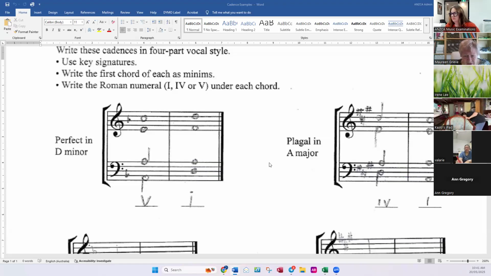And especially when it comes through as a photocopy, it is very hard sometimes to tell exactly what was meant. But yes, that F sharp is very poorly drawn. In this case, I probably wouldn't take anything off for that. But yes, they should be much more careful. But it is their first experience of writing cadences, so I'm aware of that.